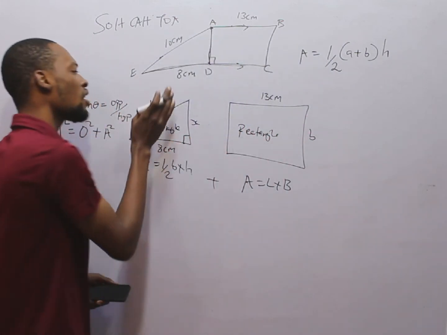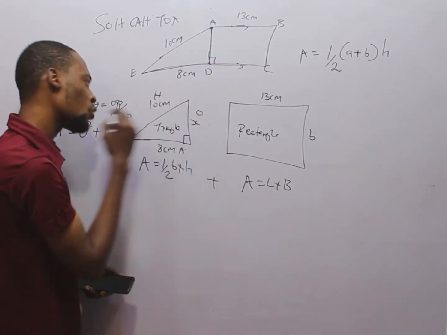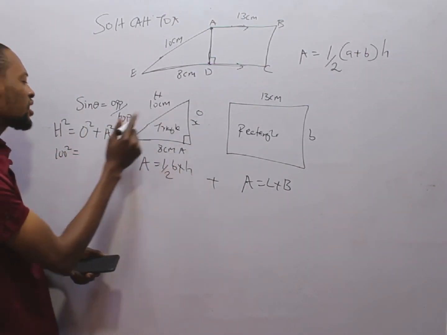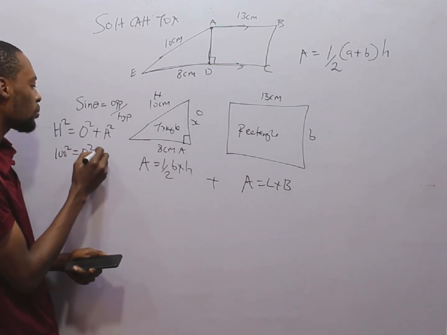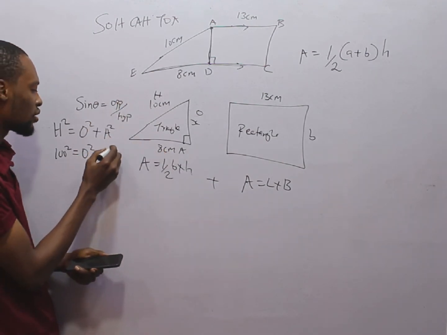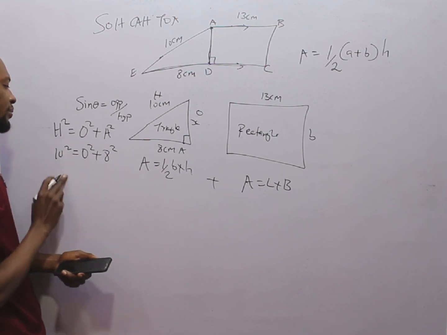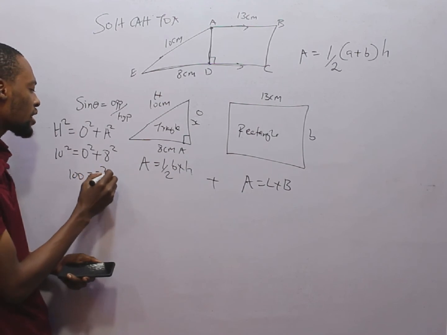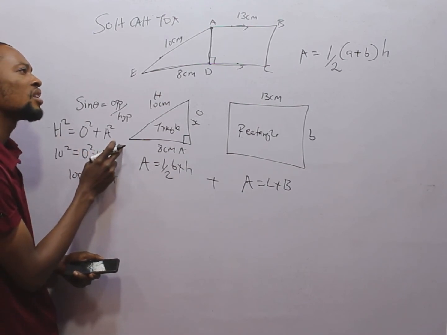Now, this is H, this is A, and this is O. The hypotenuse is 10, so 10 squared is 100, equal to O squared plus adjacent 8 squared, that is 64.